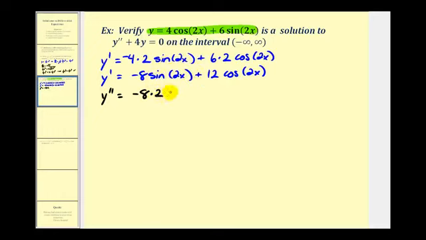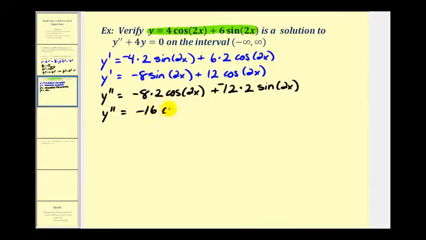So we have times 2 cosine 2x plus 12 times the derivative of cosine 2x. So again, applying the chain rule, the derivative is going to be negative sine 2x times 2. So there's the negative, there's the 2, and sine 2x. Let's clean this up. We have y double prime equals negative 16 cosine 2x, this will be minus 24 sine 2x.